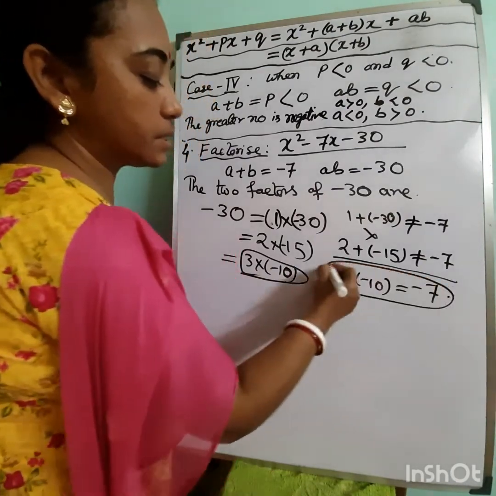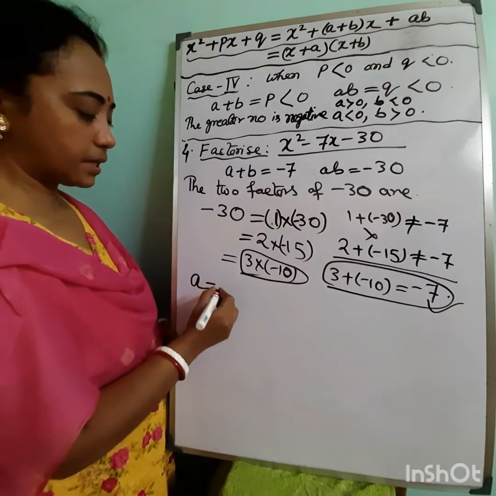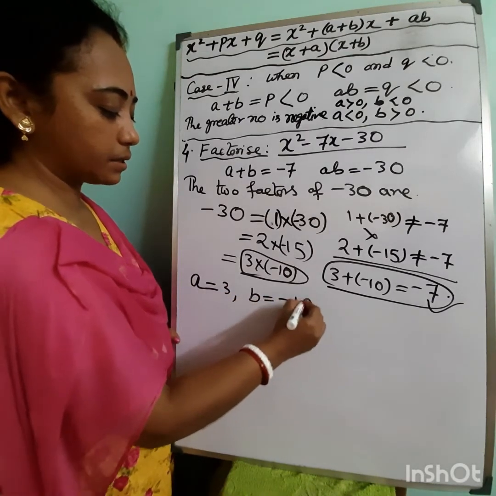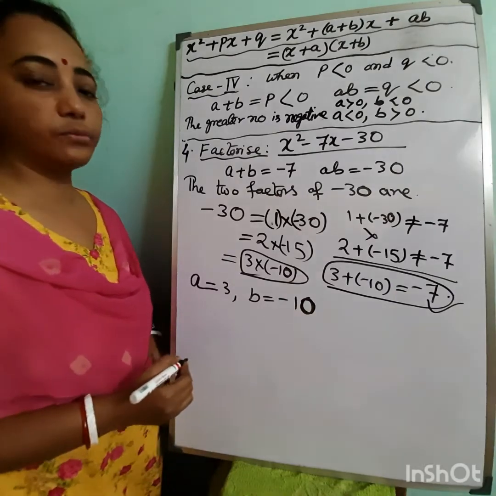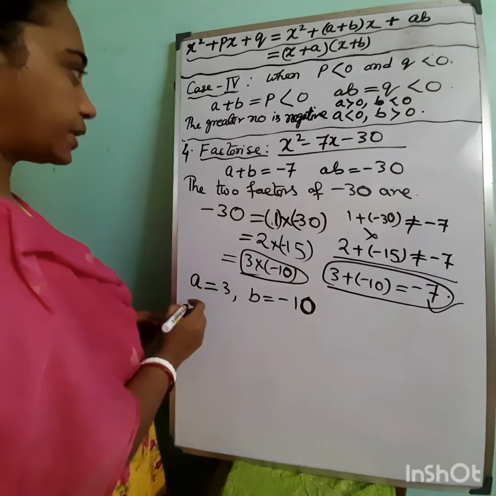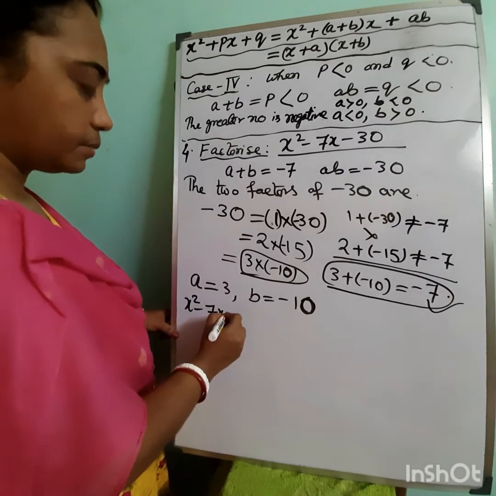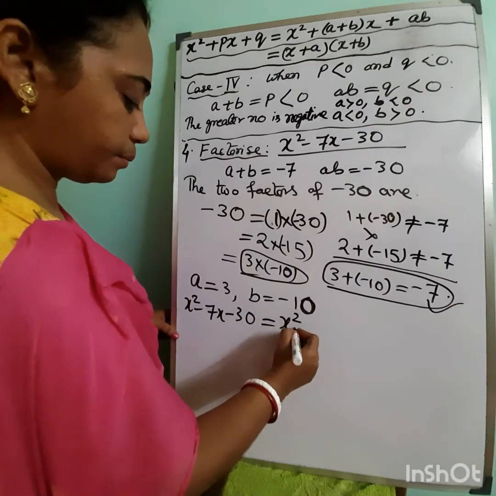So we will take the two numbers, let us take a is equal to 3 and b is equal to minus 10. So here the greater number should be negative, otherwise their sum will not come negative. So the given expression becomes x square minus 7x minus 30 is equal to x square minus 7x.